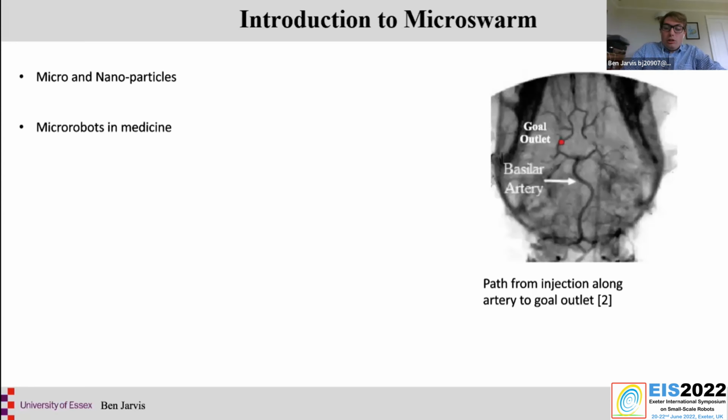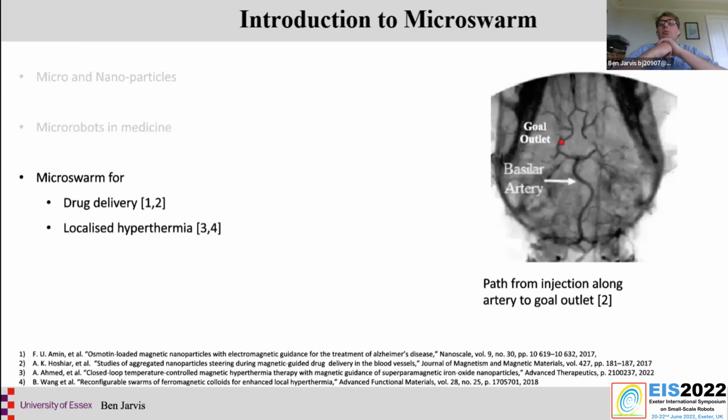So why would we want to use these little particles, and what use do they have for medicine? Well, we can use these particles in conjunction with magnetic fields, for example, for increased uptake of drug delivery.